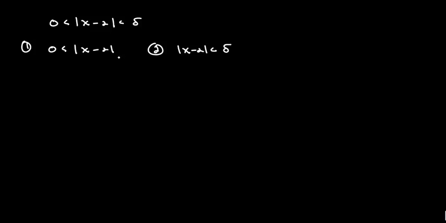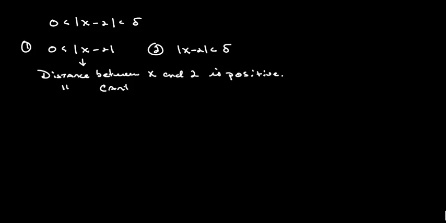Okay. Now let's play around with both of these and see what they say. So this one over here says that the distance between x and 2 has to be positive, which means that the distance can't be 0.